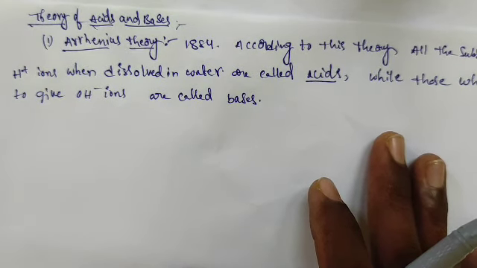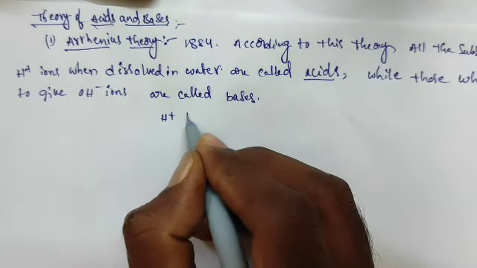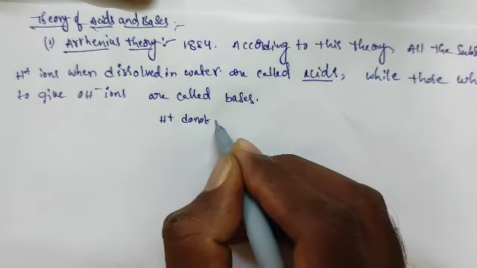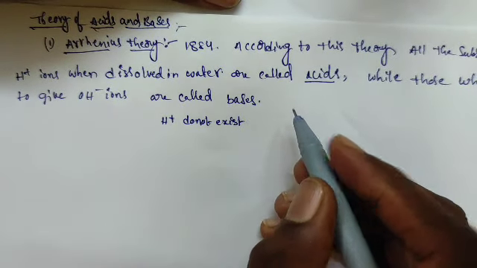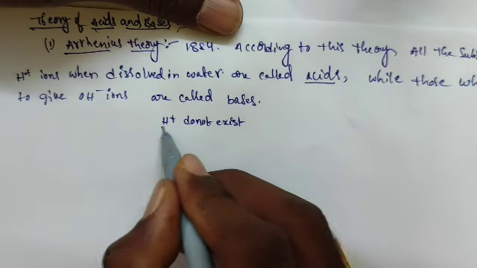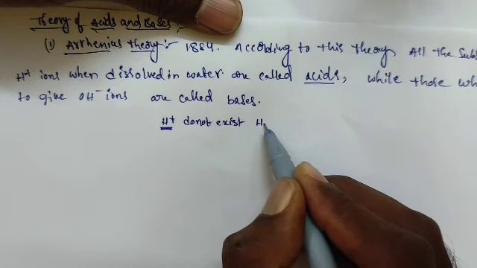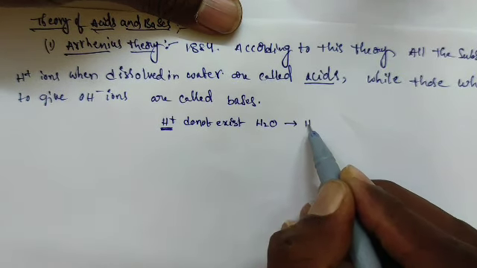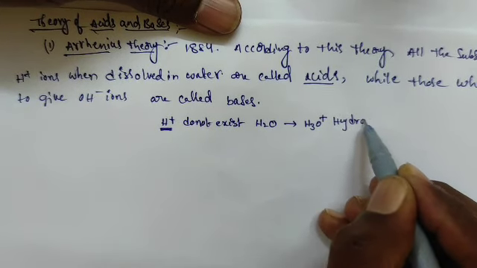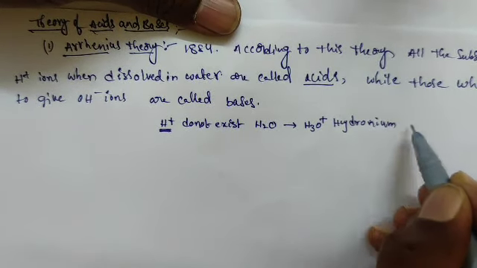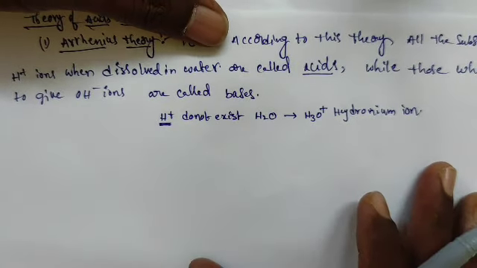Okay, the H plus ions do not exist. Then what will happen? This H plus ion in that solution reacts with water to form H3O plus, that is known as hydronium ion.